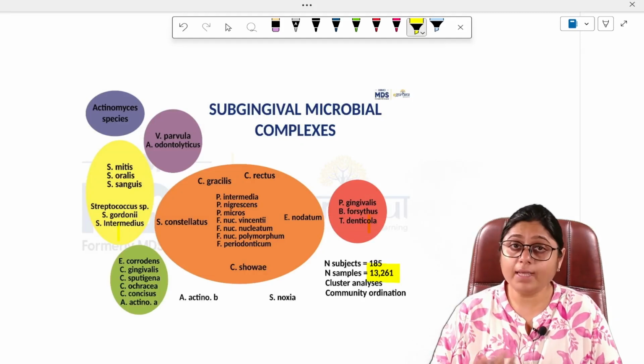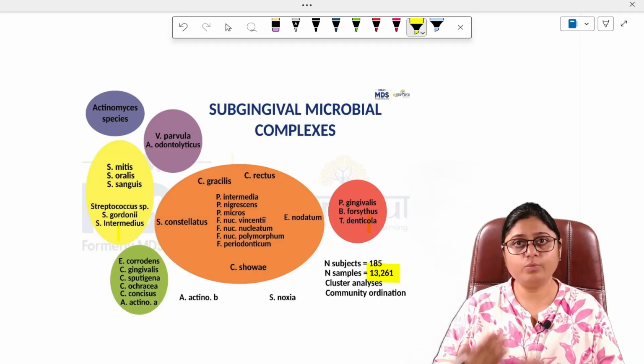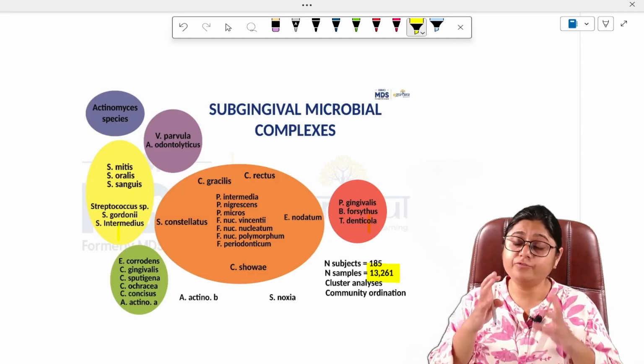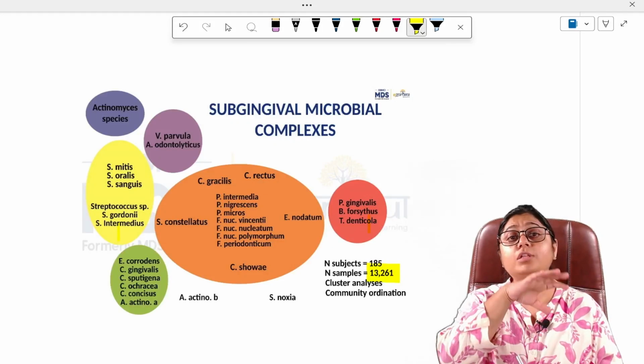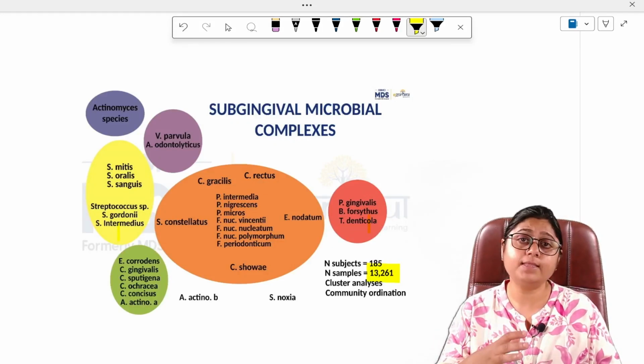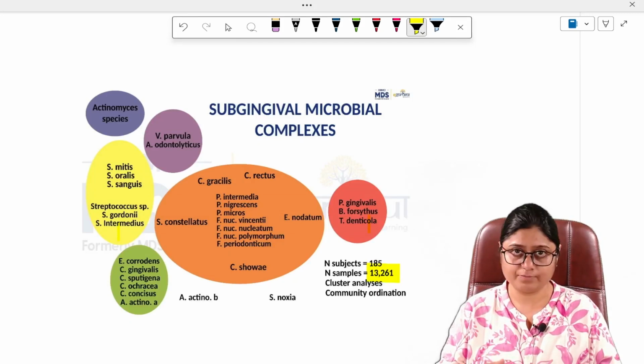So, the primary colonizers are the bacteria which colonize the pellicle, which first get attached to the tooth surface with the help of the pellicle, and they will utilize all the oxygen that is present there surrounding the tooth surface.